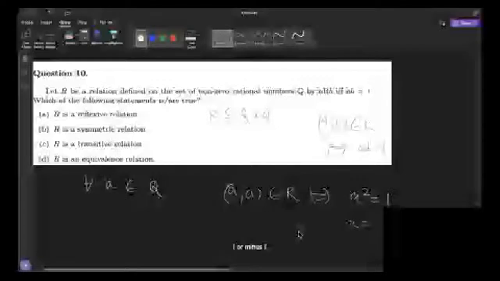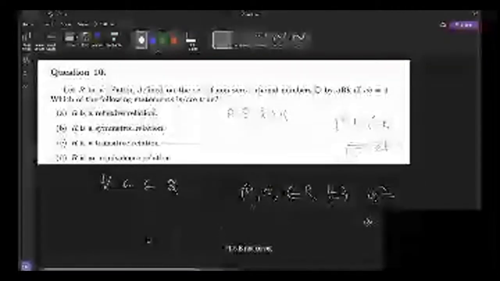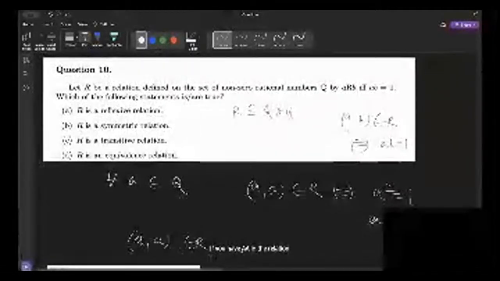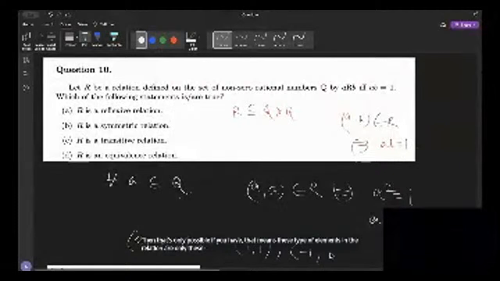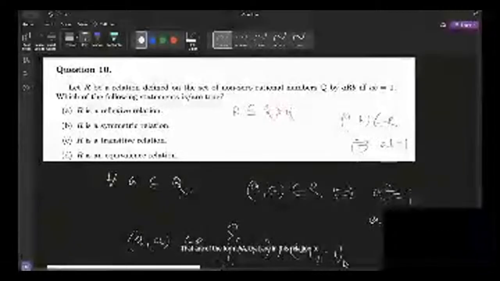What did we want for this relation? Reflexive relation. Why are the others not correct? This is not correct because if you have (A, A) in the relation, that's only possible for these elements. That means only these are the points of the form (A, A) that are related. And the other ones, (2, 2), (3, 3), they are not here, right?